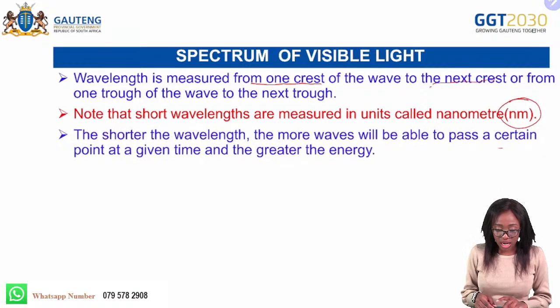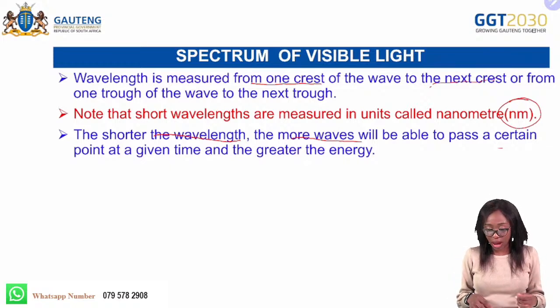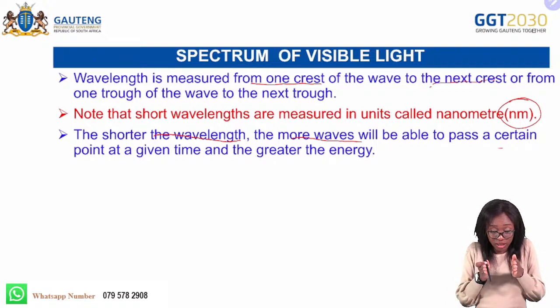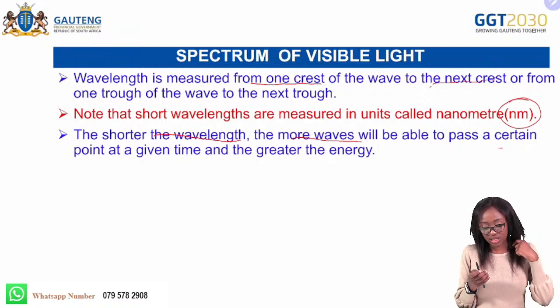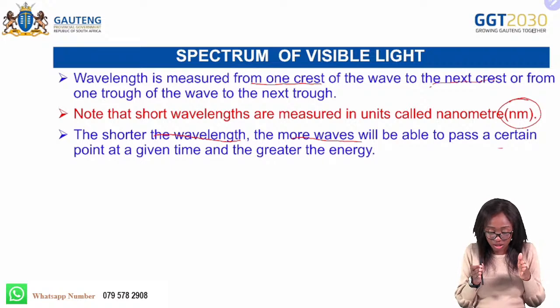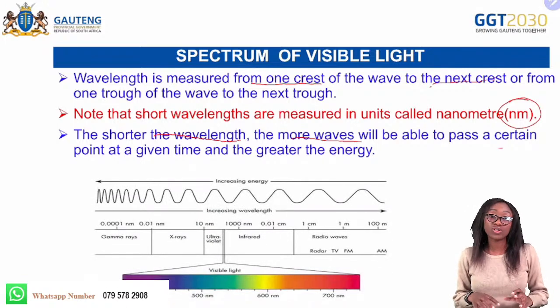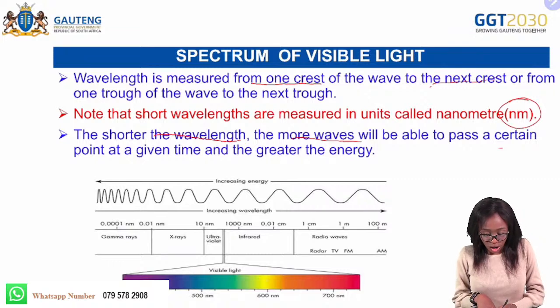Now, the shorter the wavelength, the more waves will be able to pass a certain point at a given time, and the greater the energy. Now let's look at the picture with our spectrum of visible light.